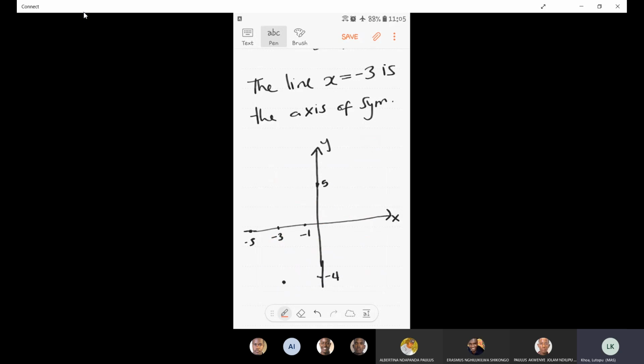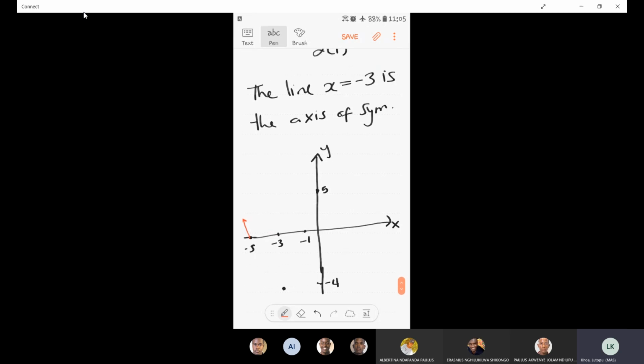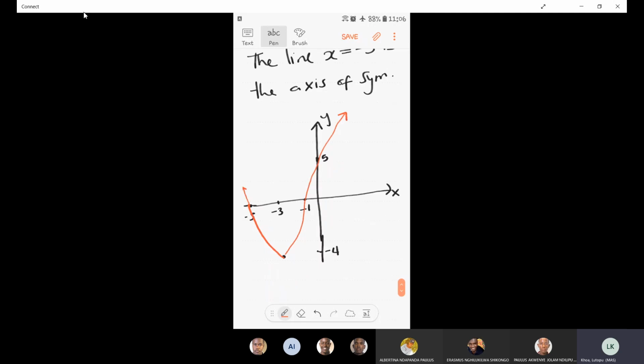So try your best here. So this arrow continues. So there should be an arrow at the end there. Then it goes down as smooth as possible. Mine looks not so smooth, but on paper it'll be much easier. So I have arrows at the end, and then I indicate my axis of symmetry.